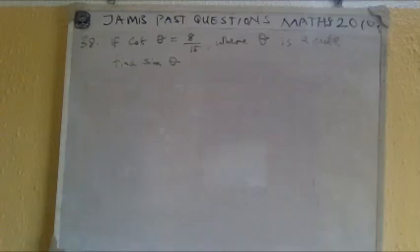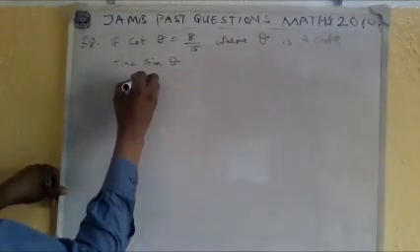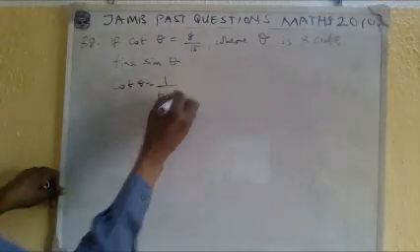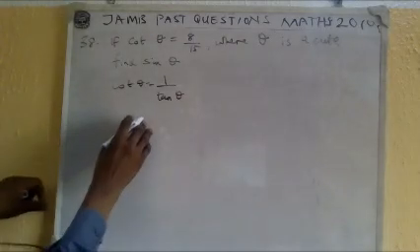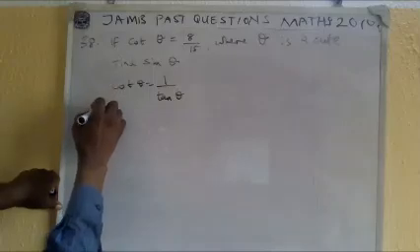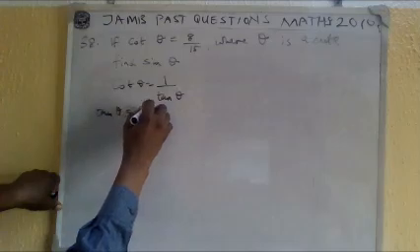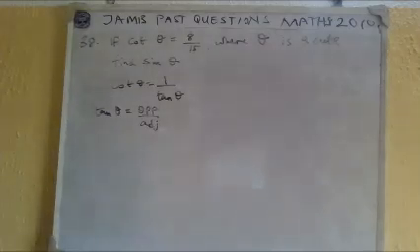So for this particular one, cot theta is a trig identity. Cot theta is the same thing as 1 over tan theta. This is the identity. And we know that tan theta is opposite over adjacent, right?